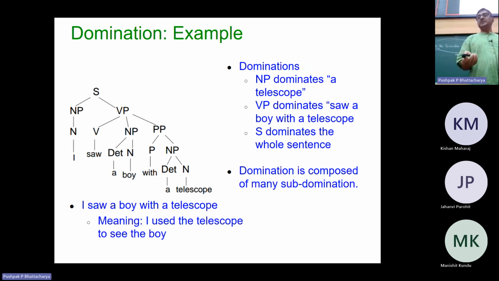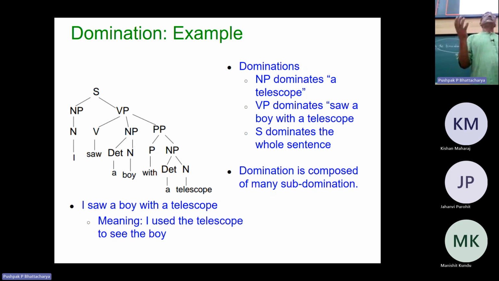The other domination is, no, there is no picture there. In the other case of domination, VP has two assistants, V and NP. The next NP dominates a much bigger chunk, the whole sequence of a boy with a telescope. And that will produce the meaning that the boy has the telescope.